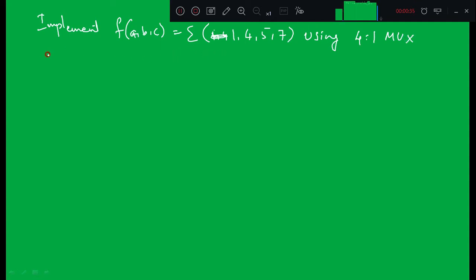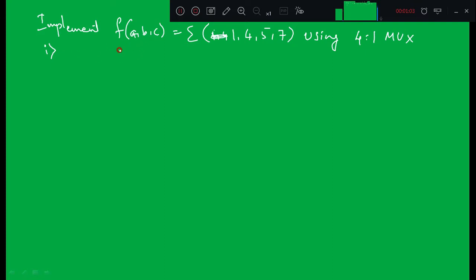So here in the question he has not given which inputs you need to take as select lines, and the other input goes on the data line, right? So what we will do in such cases, it is left to you. You can select a and b as select lines, b and c as select lines, or a and c as select lines.